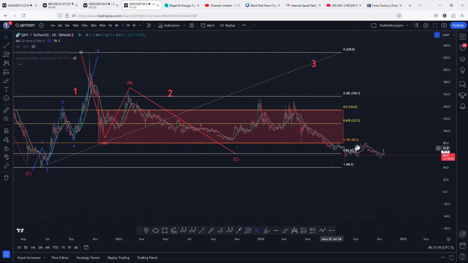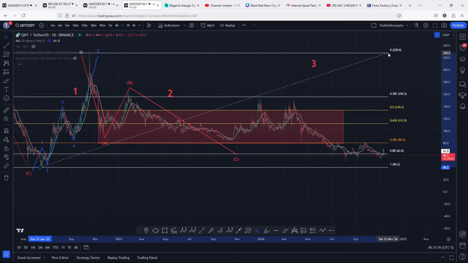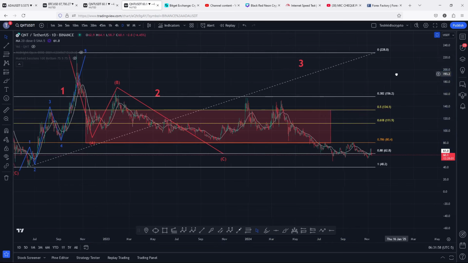And after losing the fib level 0.78, I have been saying to you in my previous videos that we need to see QNT holding above the fib level 0.88, and that is above the $62.8 as the last line of support for this larger count 2.